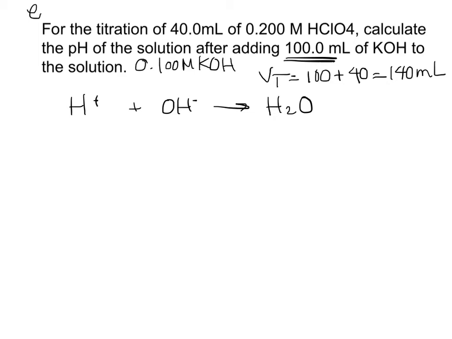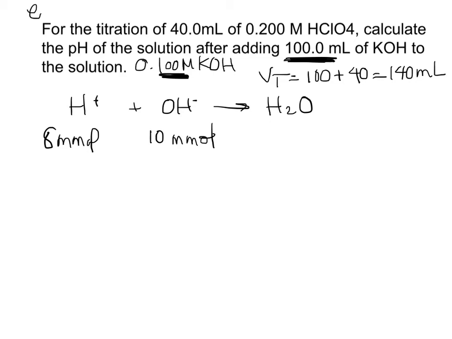So we still have 8 millimoles of acid, but now we have 10 millimoles of base, coming from 100 milliliters of a 0.1 solution. So I'm calculating the number of millimoles.